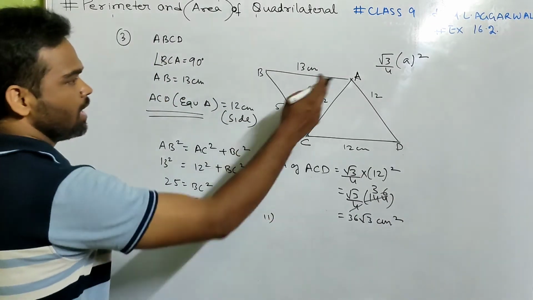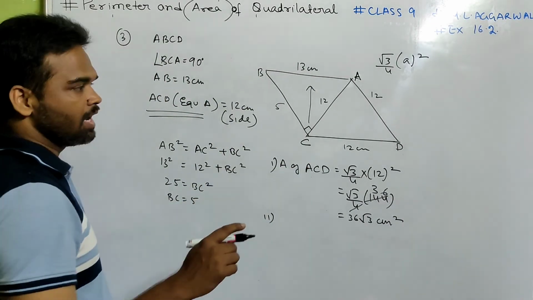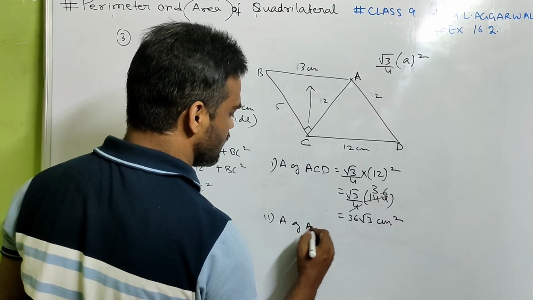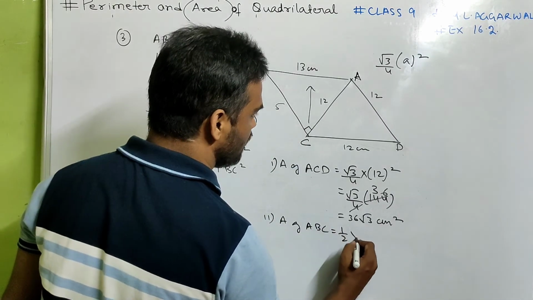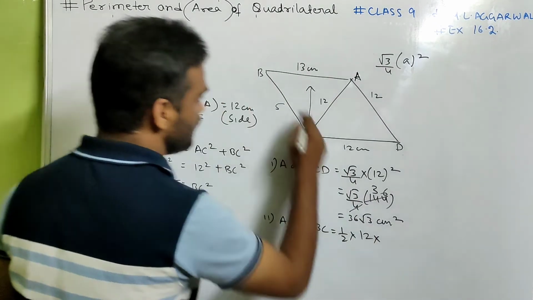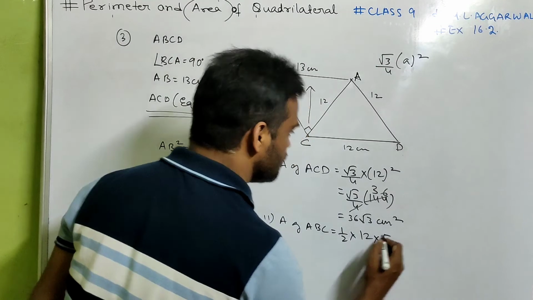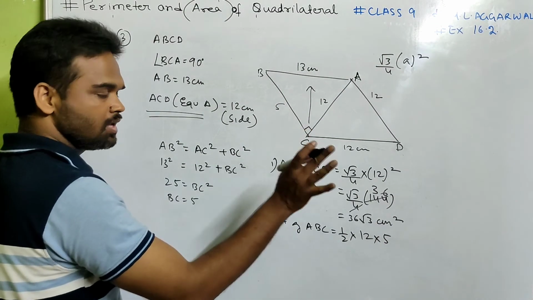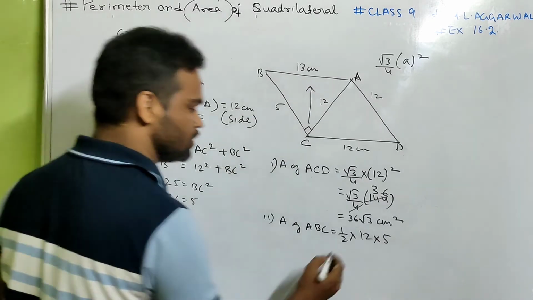Number 2, ABC. Now again, ABC is a right angle triangle. Area of ABC is half into base into height. This is your base AC, and BC is your height. If you take BC as base, then AC becomes your height. Doesn't matter. Be careful with the hypotenuse.